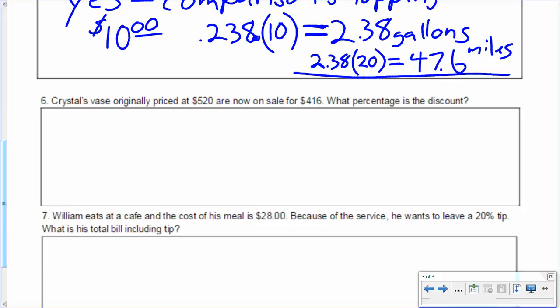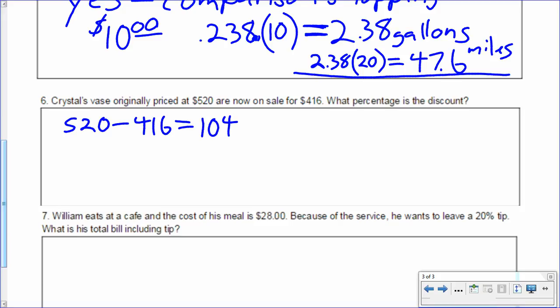couple of ways we can look at this. We can look at it sort of the common sense way, and that is we know the price dropped, and we can figure out the absolute amount that the price dropped by just subtracting 416 from 520. Okay, so 520 minus 416 means that now we have paid $104 less for the vase.